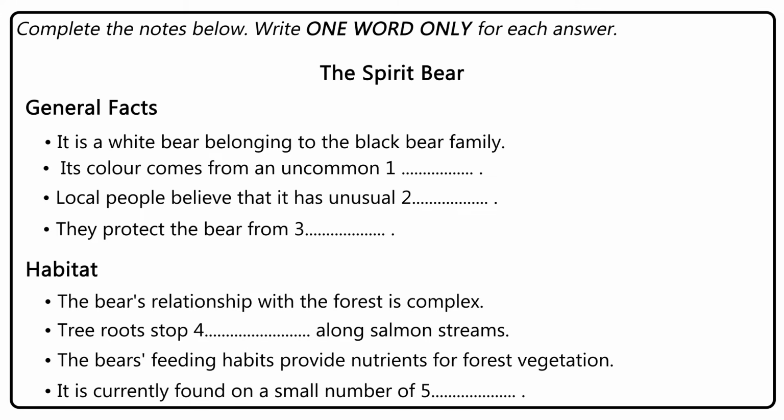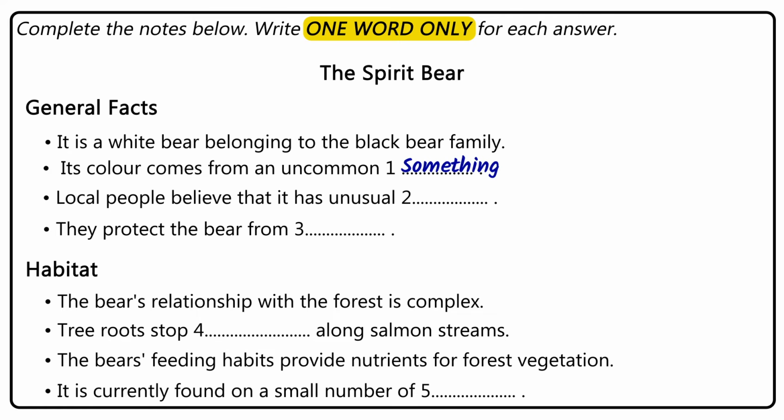So here you have to write 1 word only. So the first question, it's about the spirit bear. So we are going to listen to a scientific research about the spirit bear. And question number 1 is, its color comes from an uncommon something. So we predict that question number 1, the answer is something.